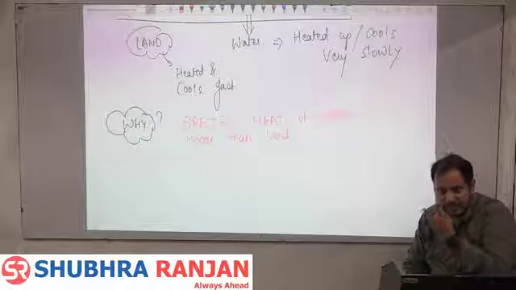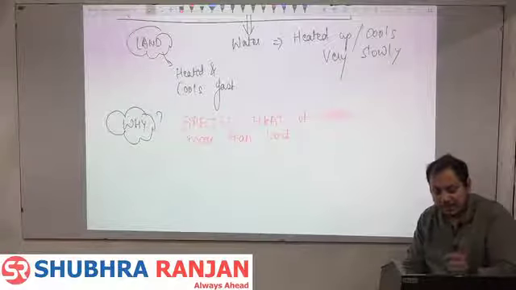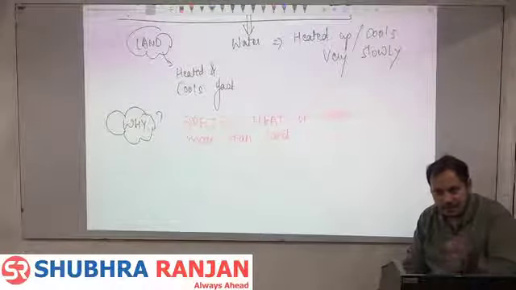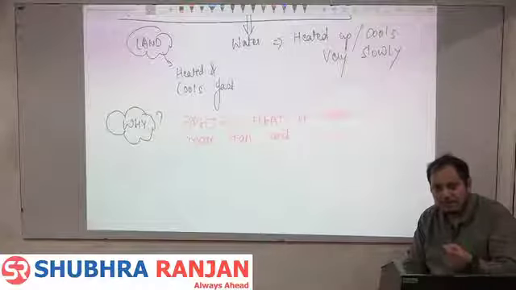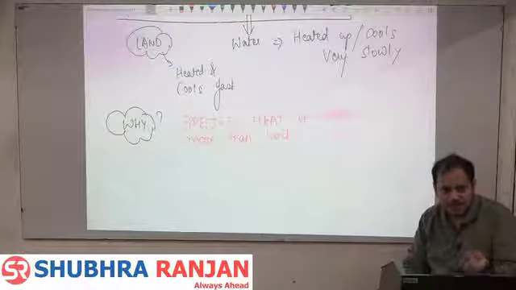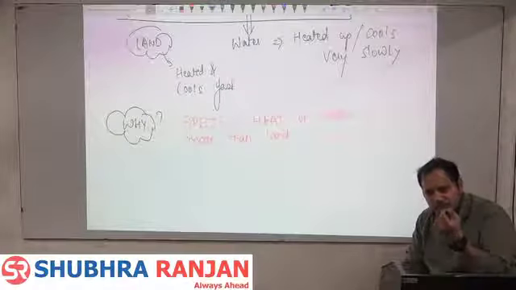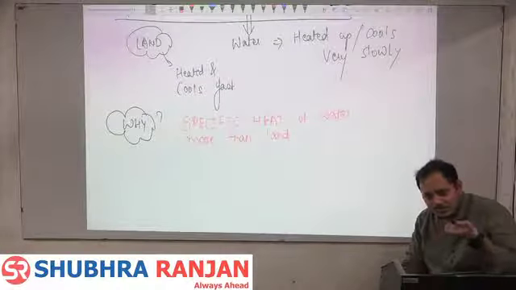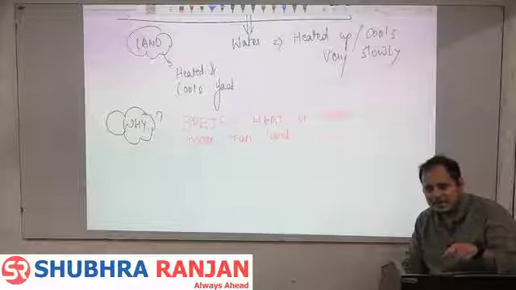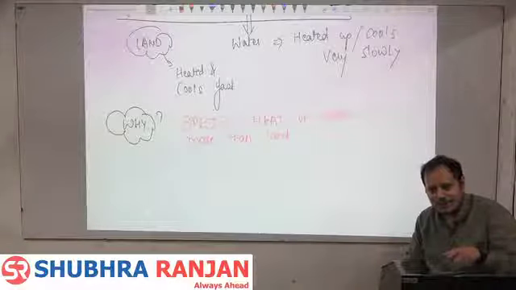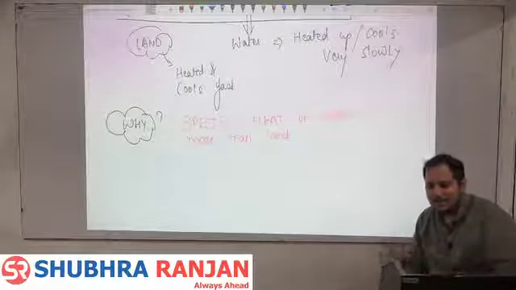Technically, specific heat is the amount of heat required to raise the temperature of 1 gram of any substance by 1 degree Celsius. So, to raise the temperature of 1 gram of land versus 1 gram of water, in which will I have to give more heat? In water, because land will get heated very quickly.